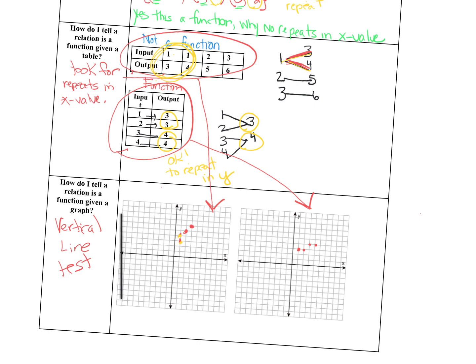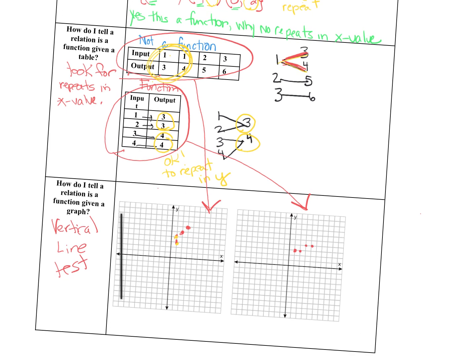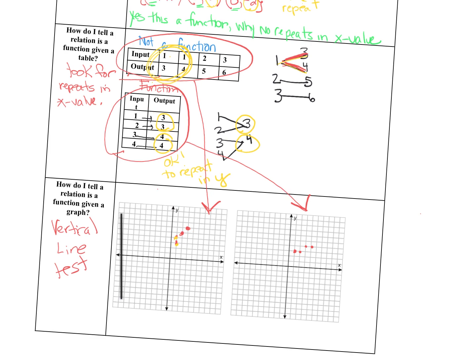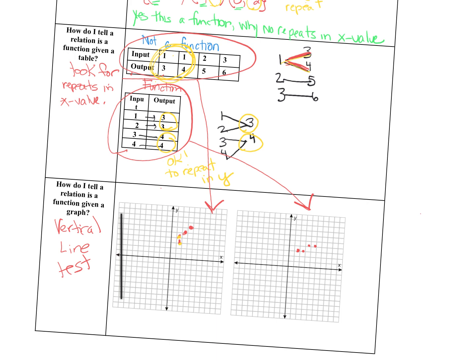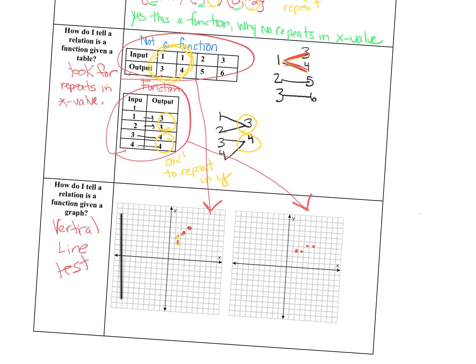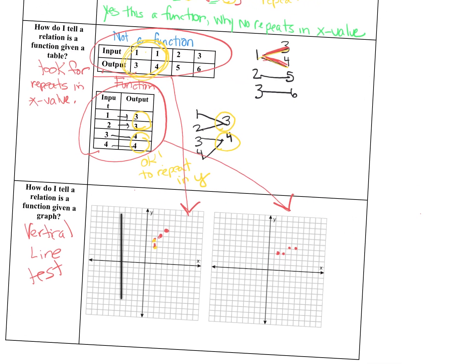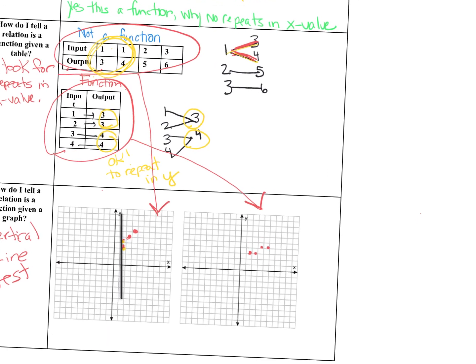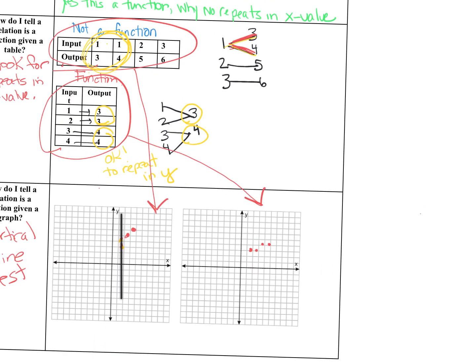And so if we move this vertical line across the paper here, you're going to see that it hits the 1, 3 and the 1, 4 at the same time. And so therefore, with those 2 points, because they have the same x value, they line up on the same line.